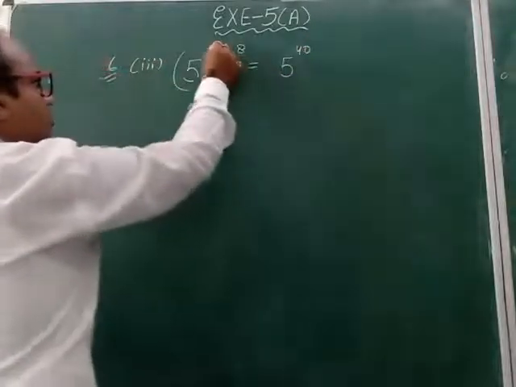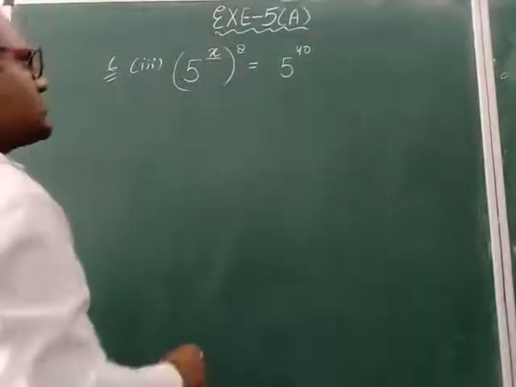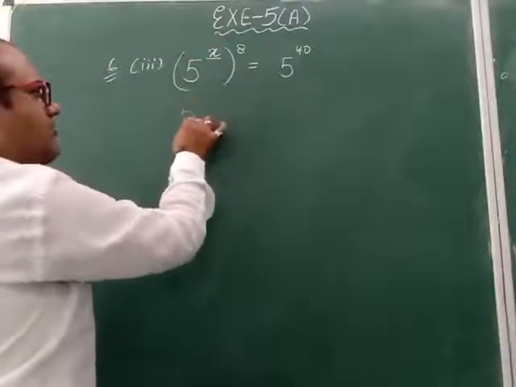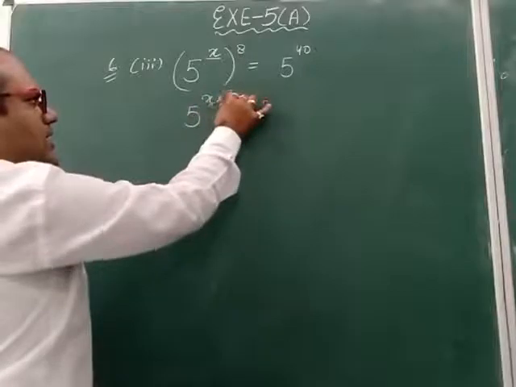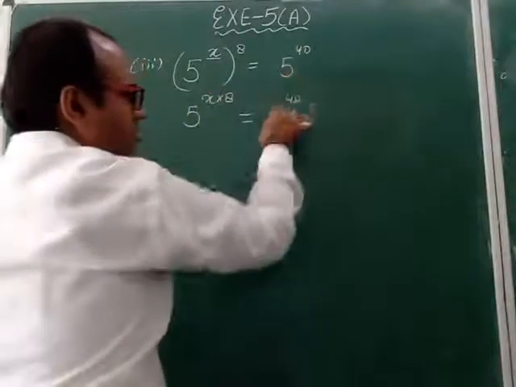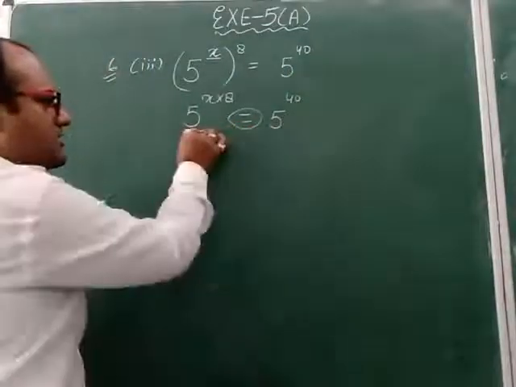Here we have to fill what will be the number. So we will take, let's say here it is x. So inside power and outside power will be multiplied. So 5 power x multiply 8 equal 5 power 40 as it is given. Note down, between both the bases equal is coming and the bases are the same.